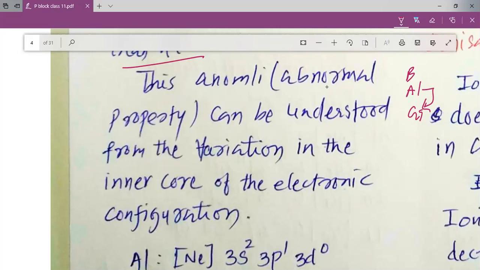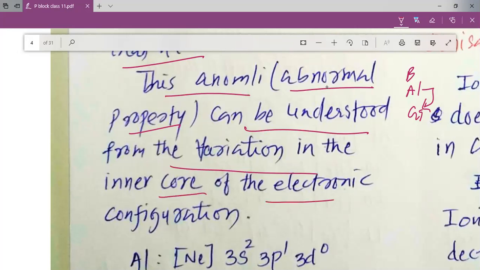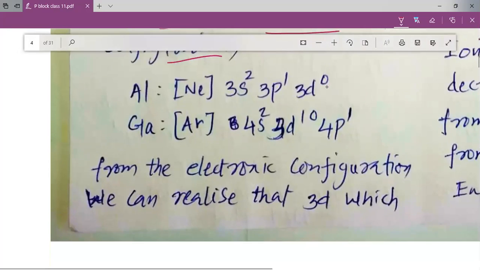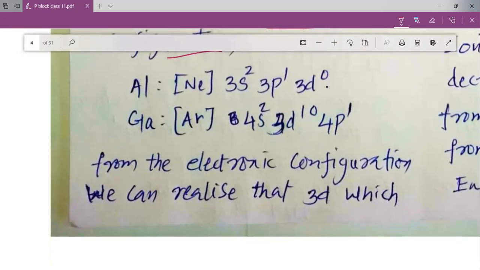Let us study. This anomaly, this abnormal behavior, can be understood from the variation in the inner core of the electronic configuration. If you look at aluminium, my dear students, the electronic configuration is neon 3s2 3p1. Here the 3d orbital remains vacant.